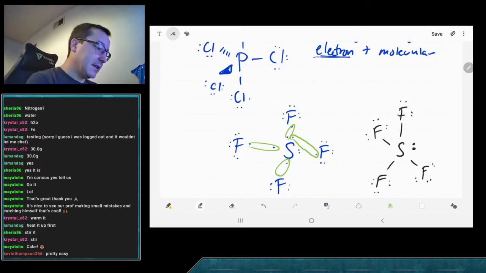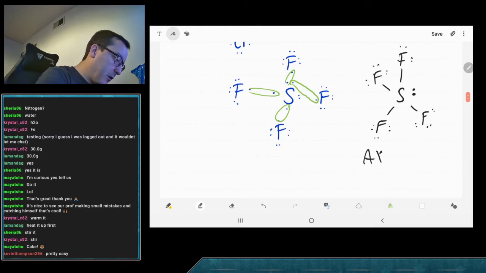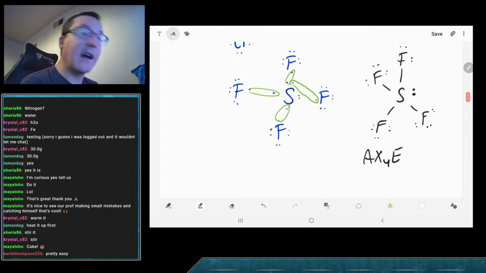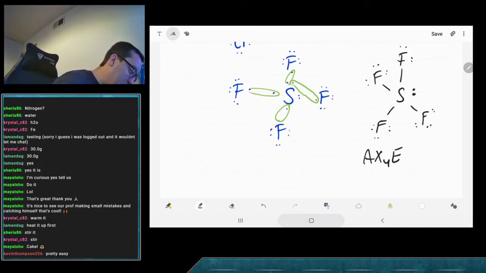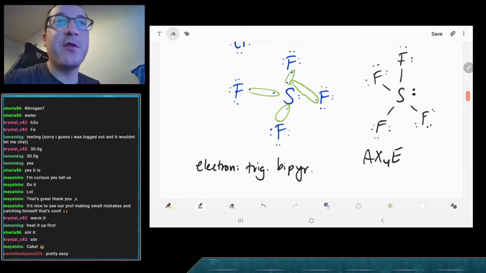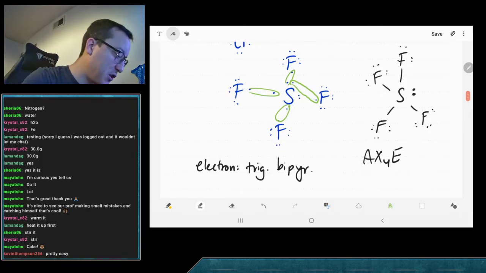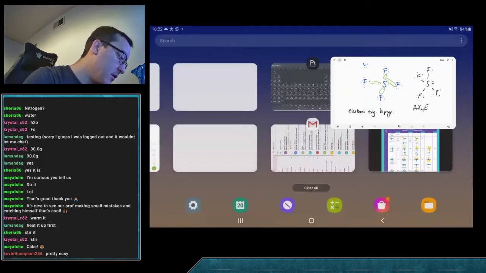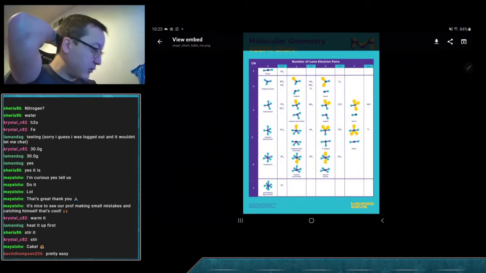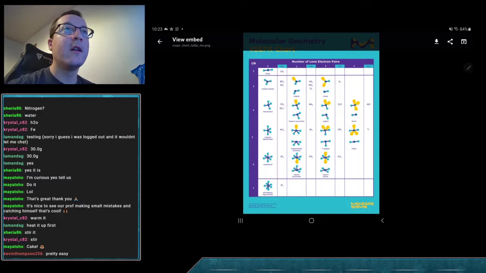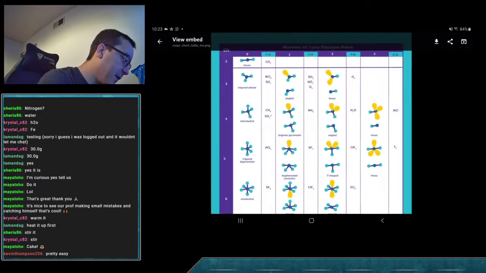So looking at this, this would be AX4E, right? We have 4 outer atoms, 1 lone pair. So we know electronically this is trigonal bipyramidal. Just like before, 5 domains, coordination number of 5. And if we look at the chart, how many lone pairs do we have?